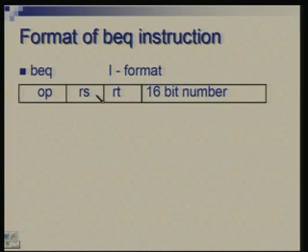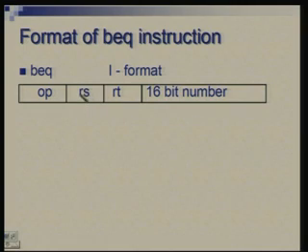The branch instruction has this format, opcode. This is I format as we have for load store. RS and RT are the two registers which will be compared, and this number would be added as word offset to PC. It will be PC plus 4 to which we will add, because that part we want to retain as common for all the instructions.